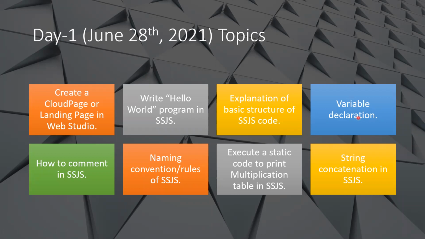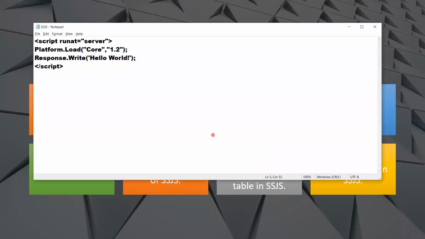Then how to comment it? So let's go ahead and complete these things in the notepad first, preferably in the text editor, whichever is your favorite. Let me continue with the next program.